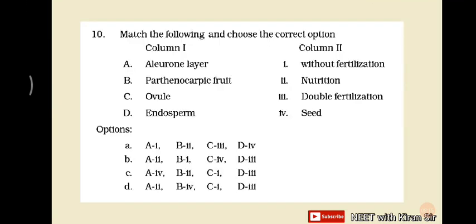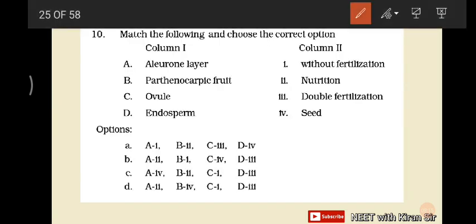Okay, next one. Match the following and choose the correct option. In column A, they have given some parts, and in column 2, they have given their functions. The first one, aleurone layer, is nothing but nutrition, so I will call it A2.